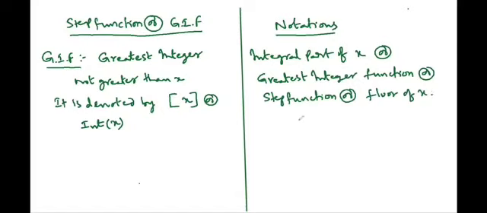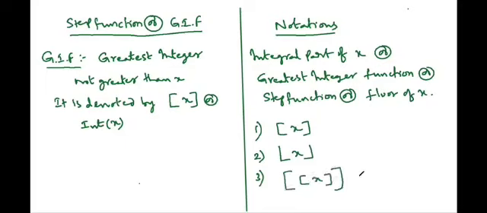All these are the same. Look at the notation. First notation is this one, where we use index brackets. The other notation is the floor. One more notation is this one, which is also the step function. Or we write step of step x, which is finally the same as step x only.